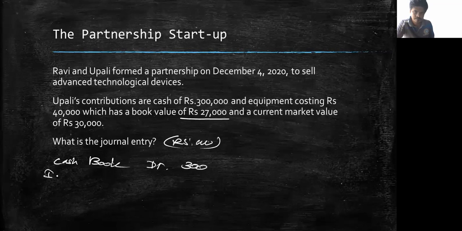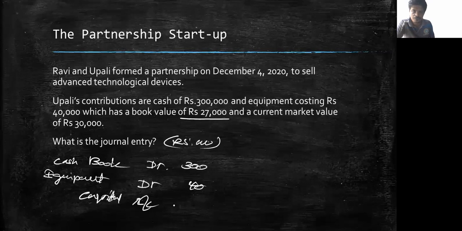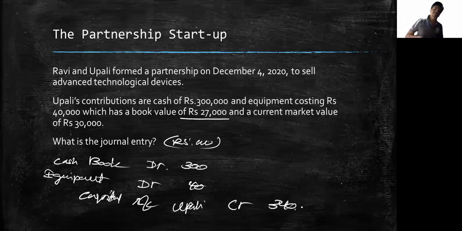Equipments account debit rupees 40,000. Okay, then we should have a capital account. Capital account of Upali, credit 340,000. This should be the double entry.